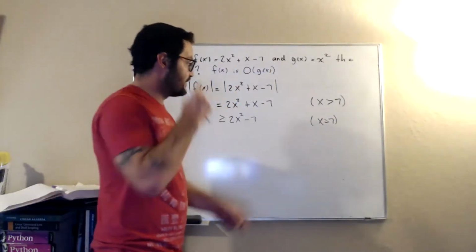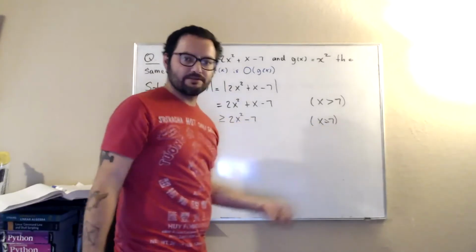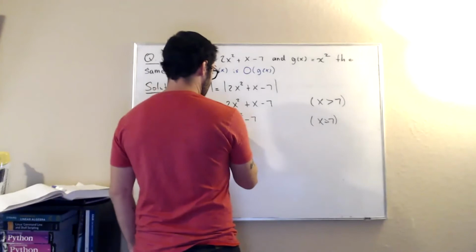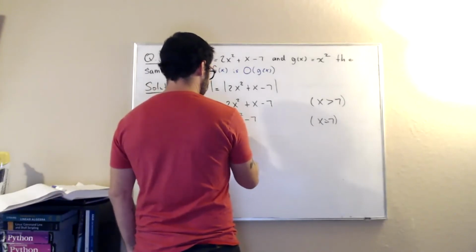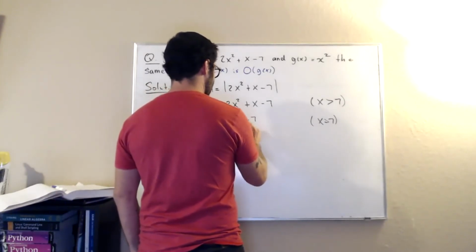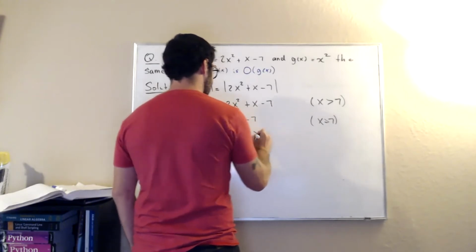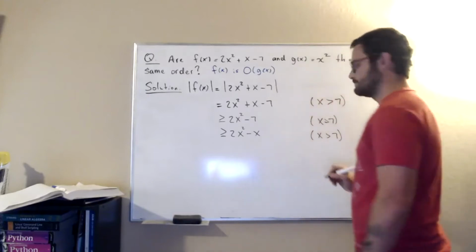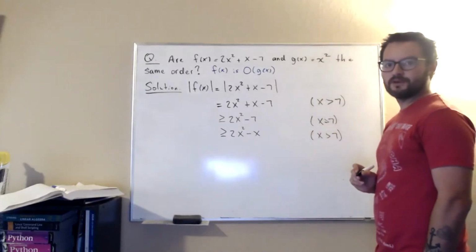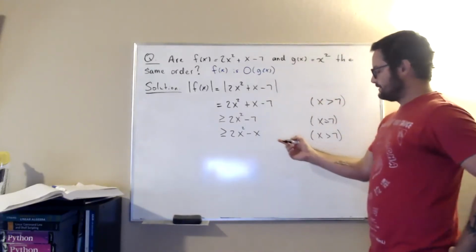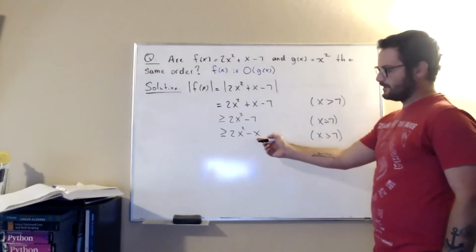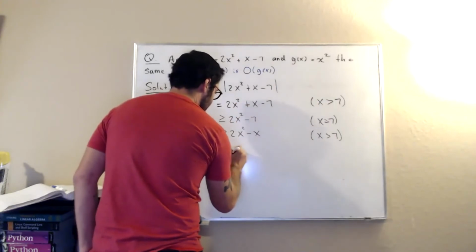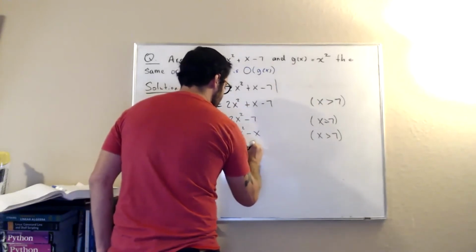And if x is greater than 7, like 8 or 9, then subtracting off x is going to be smaller. If we're subtracting off x, that's surely going to be bigger than if we subtract off x squared.